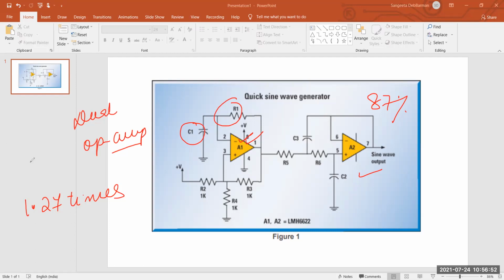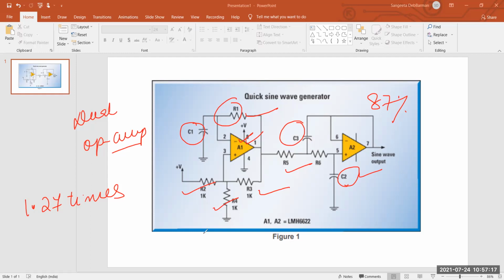So in this particular circuit, you can see here the frequency, if it's specified, along with C1, there is C2, this is C2, this is C3. And again there is R1, R2, R3, R4 and R5.